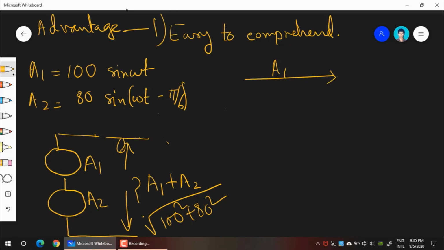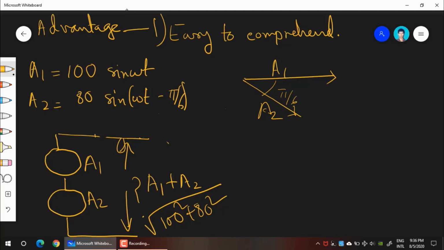Actually, I am also not habituated with this art of using the whiteboard. Here it is not 30 degree, but you can understand this is a representation for it. Now this is our A2, and let us assume this angle is 30 degree.